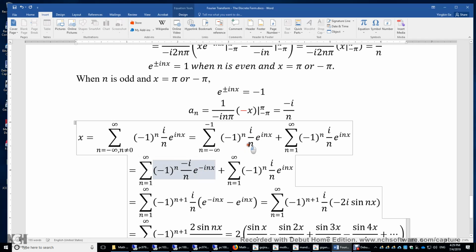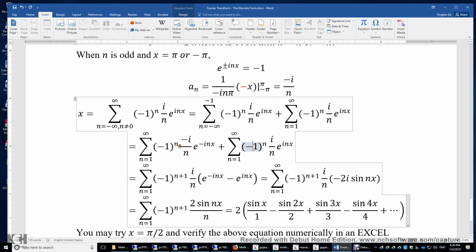So really, you can just directly change the sign of n if you want to. Again, because n is a dummy variable, so we have this guy. The reason is we want to combine these two infinite series. So now we have both infinite series from 1 to infinity, therefore we can combine them, and we have this e to the power of negative ix minus e to the power of ix.